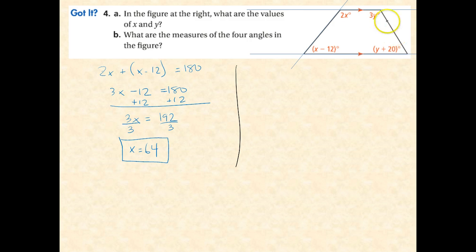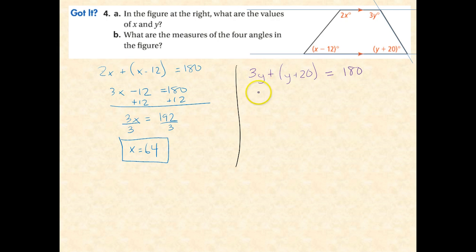Now, for the y's, we can use the same two parallel lines, but they're going to be cut by this transversal. But we have the same situation. Two parallel lines cut by a transversal, same side interior angles are supplementary. So 3y plus y plus 20 equals 180.